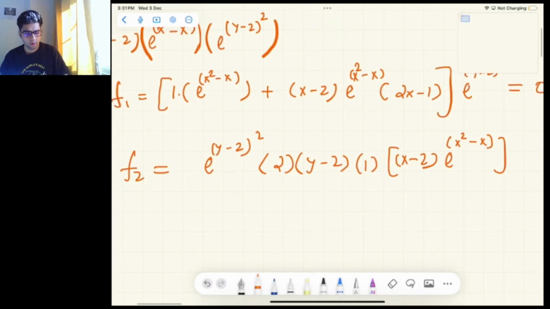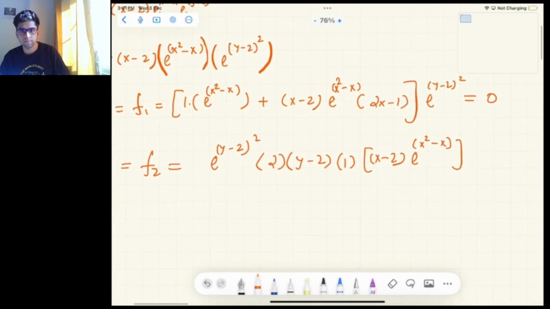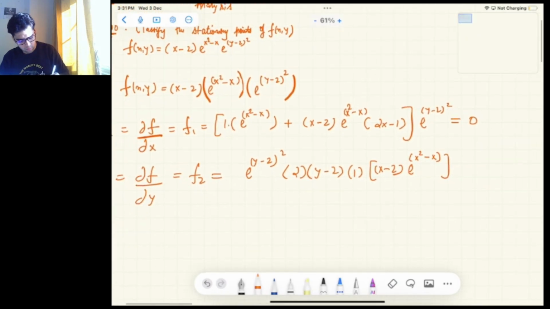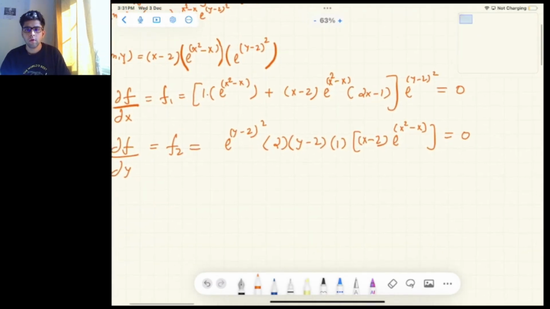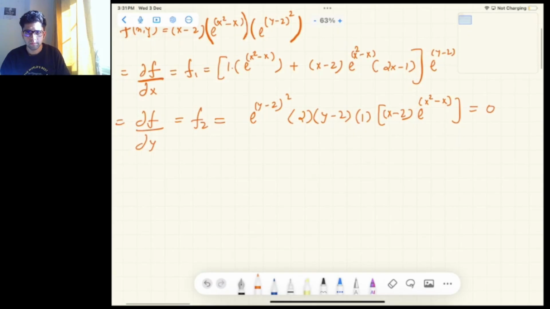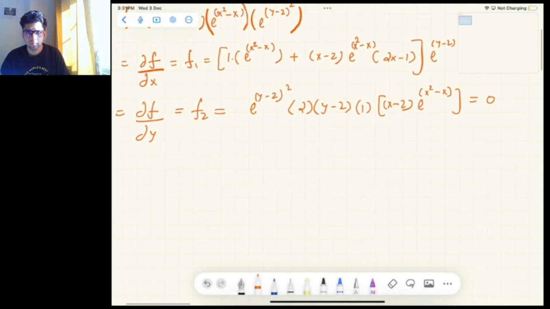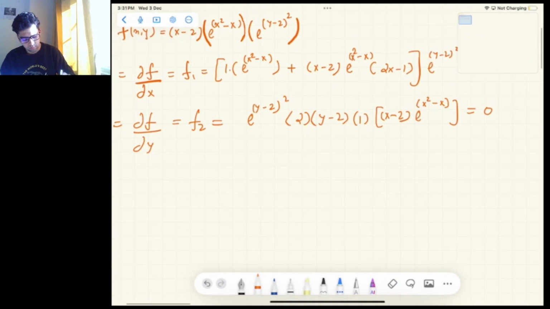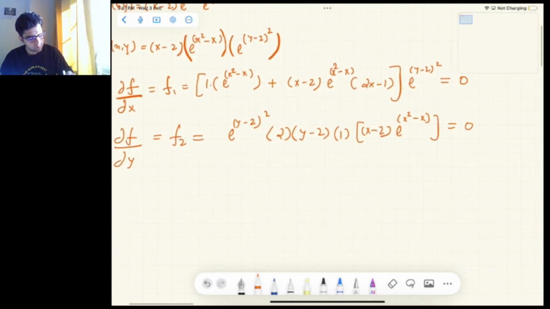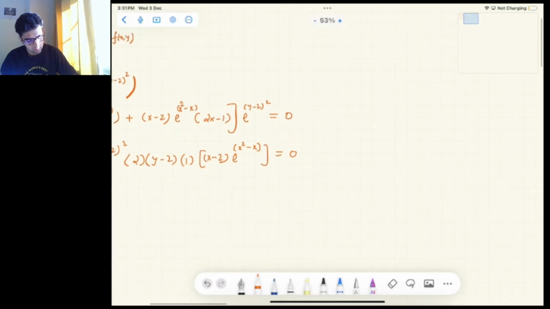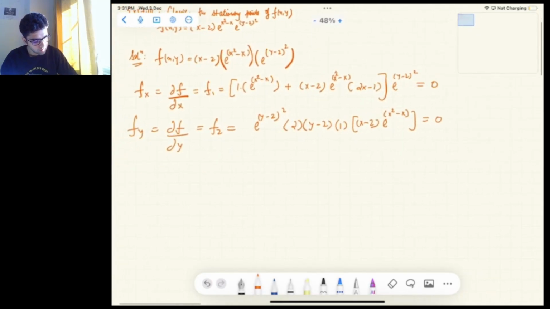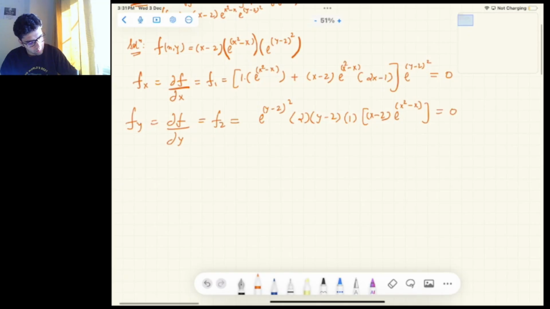Right, so I'll now equate this to 0. So now I'll be equating this term to 0, and for that let's just copy this term.